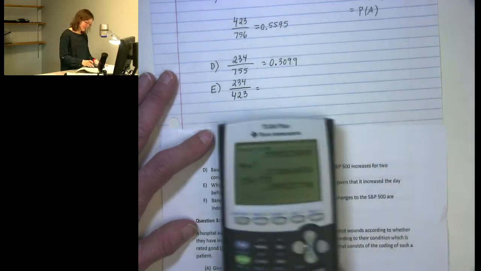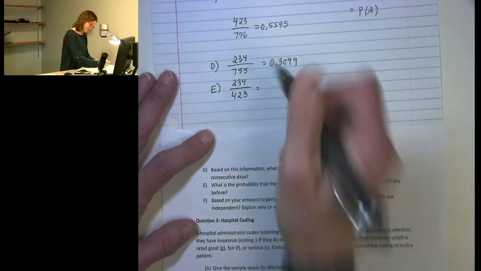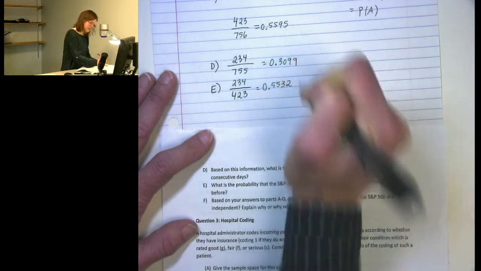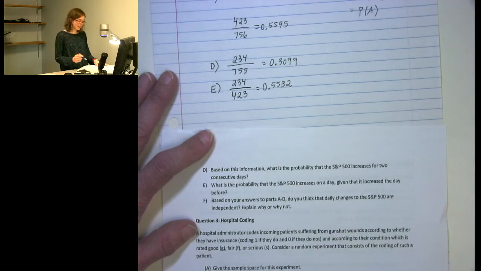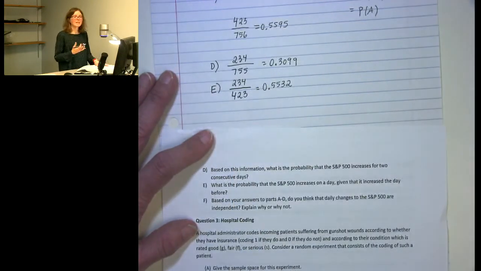So if we calculate this, we get 234 divided by 423, which is 0.5532. Which again is very similar to what we would have expected to see if what happens on one day is independent of what happened the previous day.